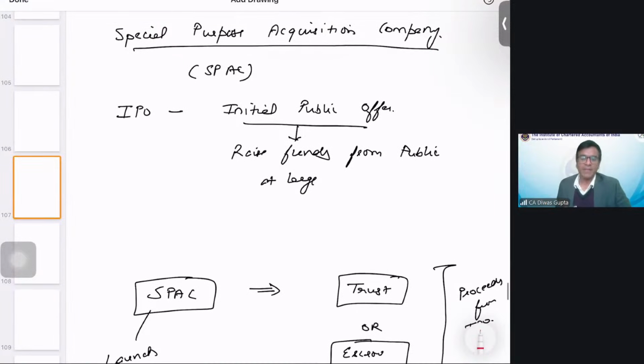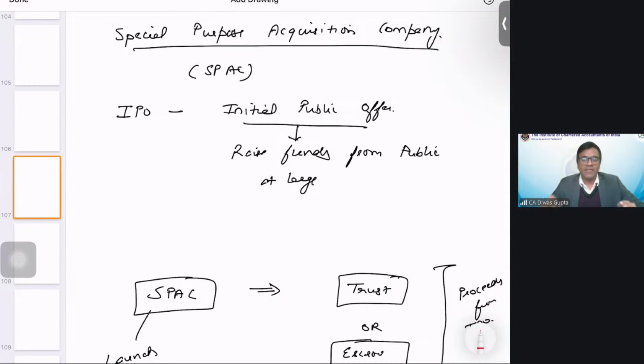This is something important that I want to discuss. This is a specific concept on special purpose acquisition company. Now, what is this? A special purpose acquisition company is a company which comes with an IPO. It raises funds from the public, but it is not telling you about the utilization objectives of those funds.